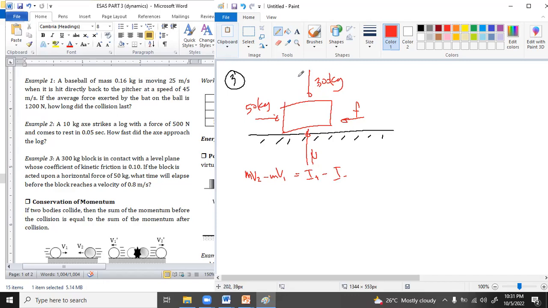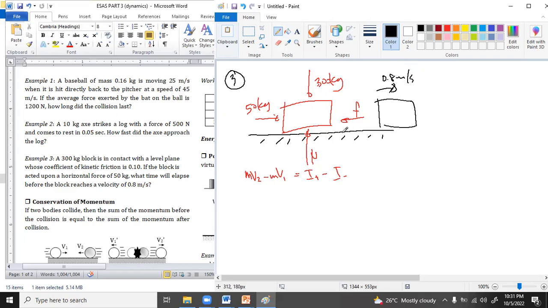So the block will be assumed to start at rest. Meaning to say the block is located in an area, and then it is being pushed by 50 kilogram force, and then the block moves from 0 meters per second up to 0.8 meters per second.